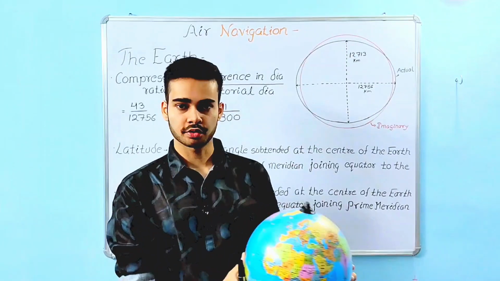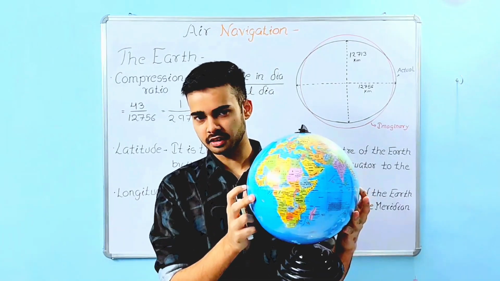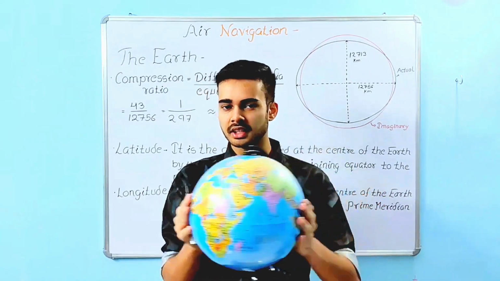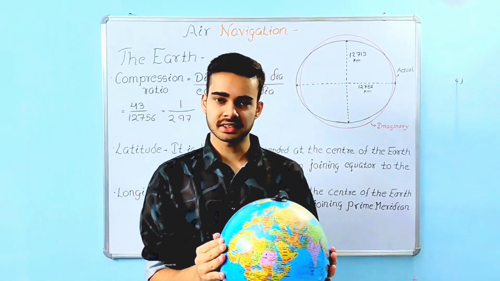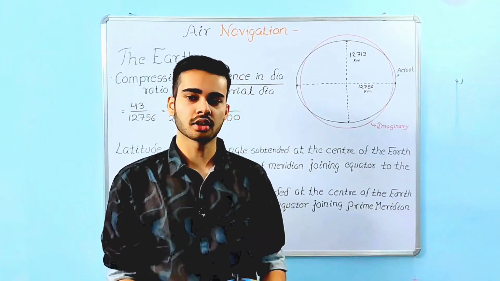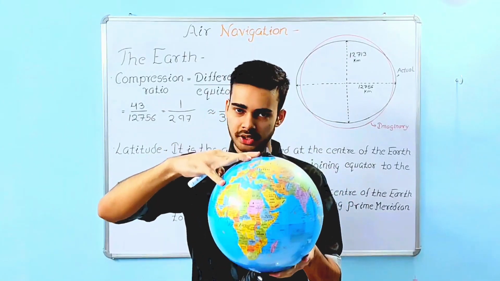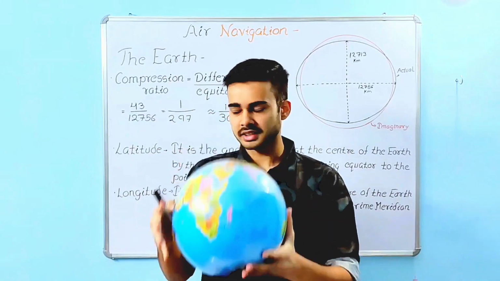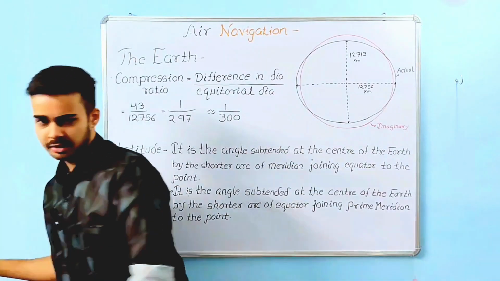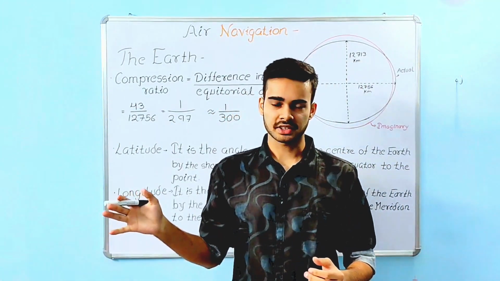As we see, it's much more, 12,000 and some kilometers, but let's imagine for once it's 300 kilometers. This 1 upon 300 says that the polar diameter will be 1 kilometer less. So if equatorial is 300, the polar will be 299 kilometers only. It's that simple. That is the meaning of this ratio. So this is all about compression ratio.